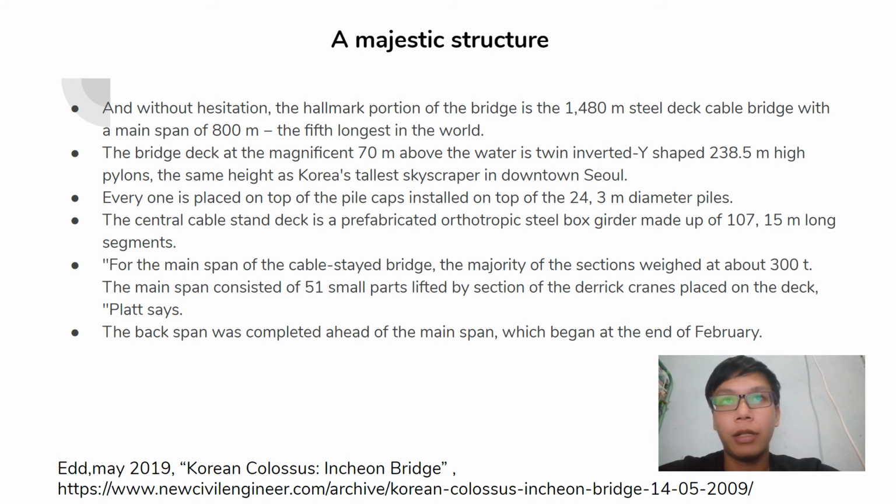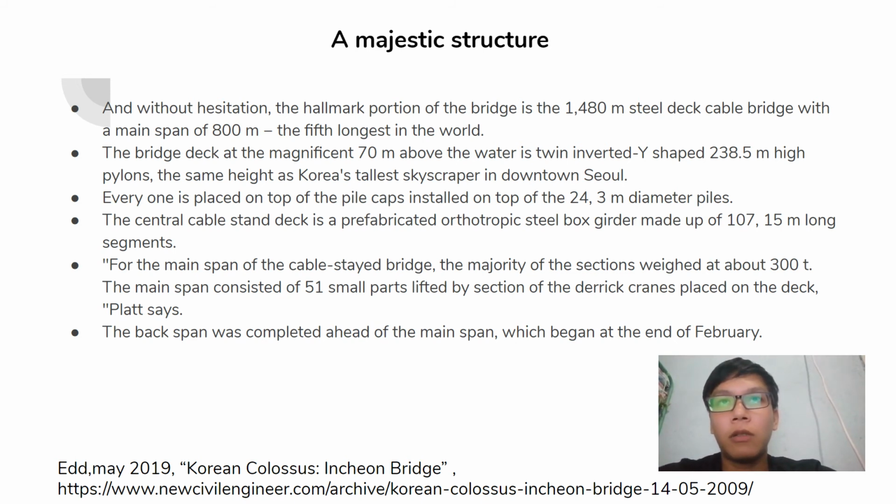The bridge deck is at a magnificent 70 meters above the water. It has twin inverted Y-shaped pylons 238.5 meters in height, the same height as Korea's tallest skyscraper in downtown Seoul.